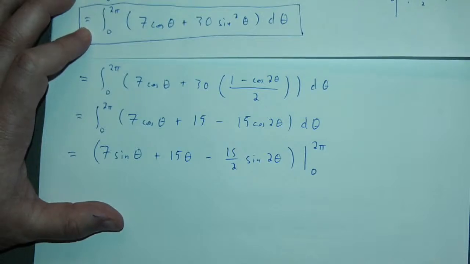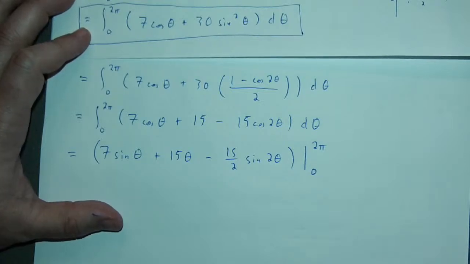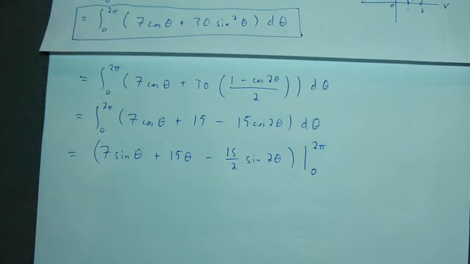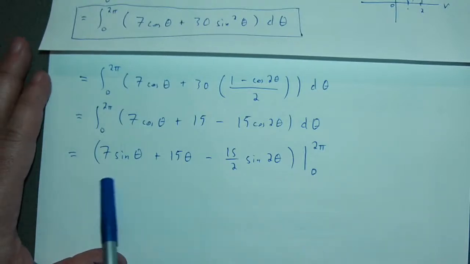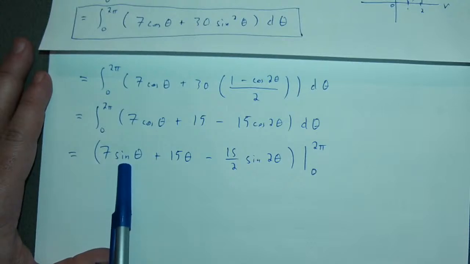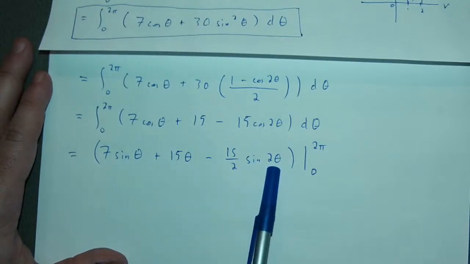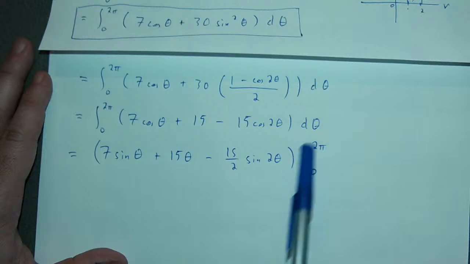Okay, so when I do that, what do I get? Well, what do I notice first of all? Again, almost all these problems have this. There's almost always at least one way you can shorten the amount of work you have to do. So I look at this and I just notice, well, sine of theta and sine of 2 theta are both 0 at both endpoints.